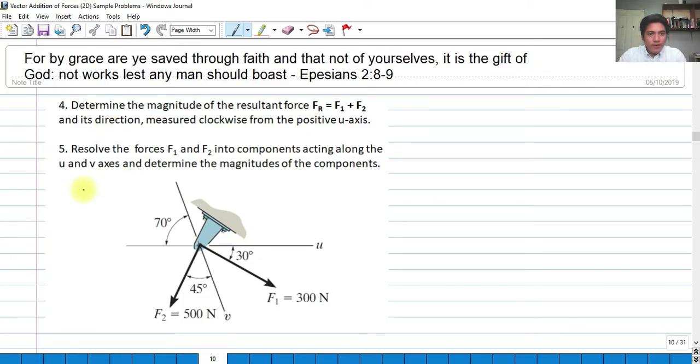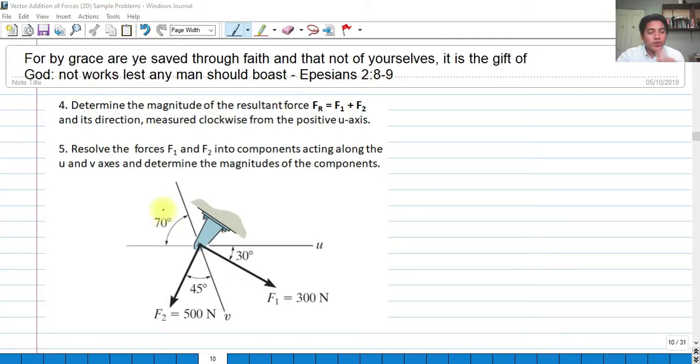And for number 5, resolve the forces F sub 1 and F2 into components acting along the U and V axis and determine the magnitudes of the components. For this problem, I'm going to use again the component method.